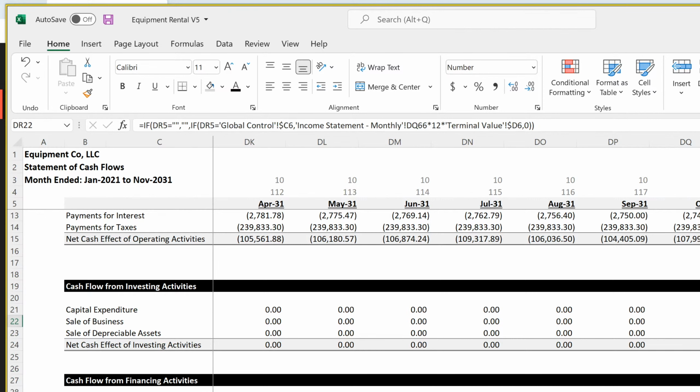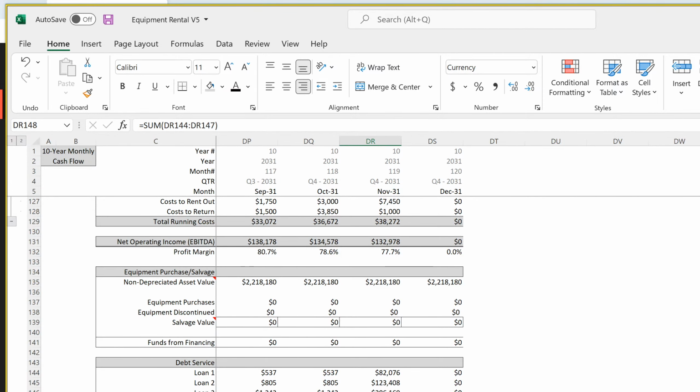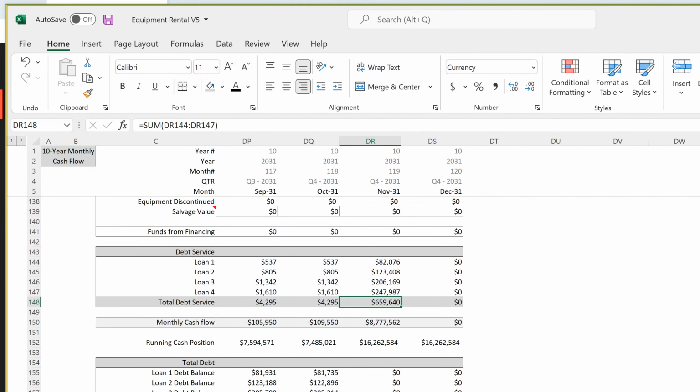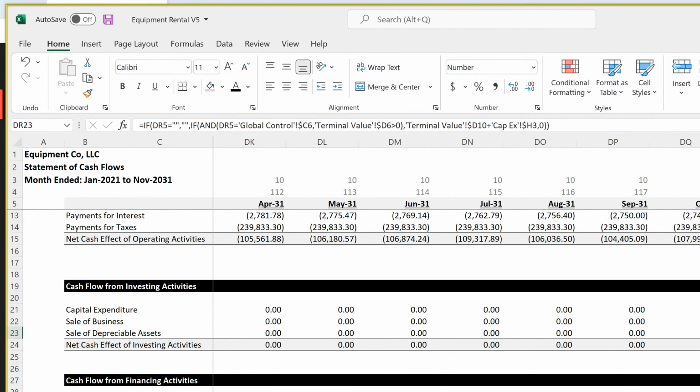Sale of business 9574. Sale of depreciable assets 728. What do we do here? Sale of business 9574. Oh, I think I know what the issue is. So sale of depreciable assets 728.